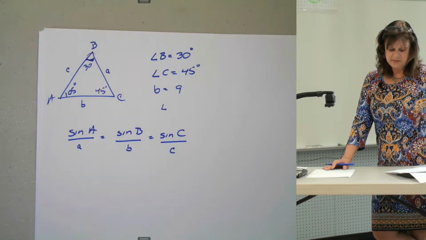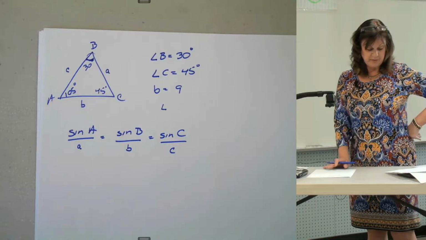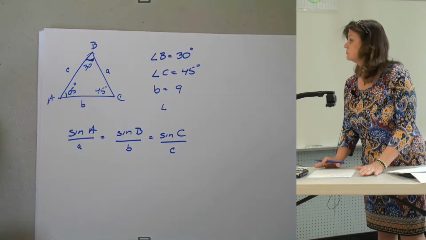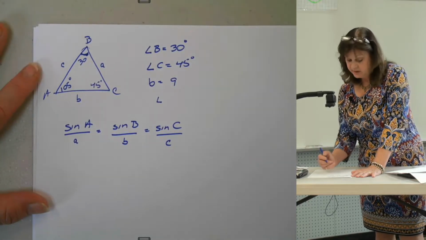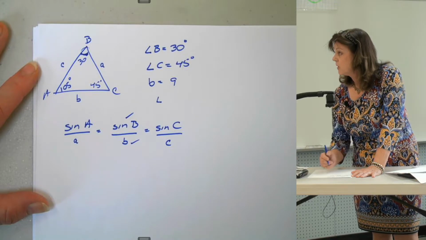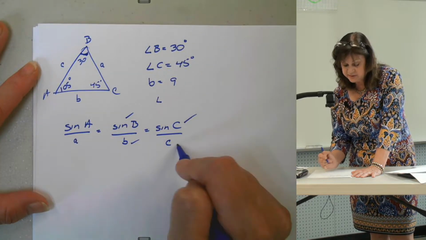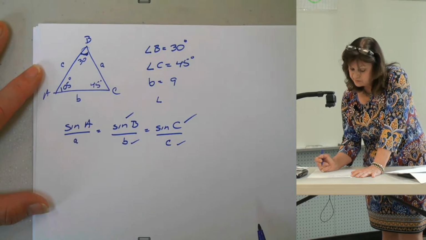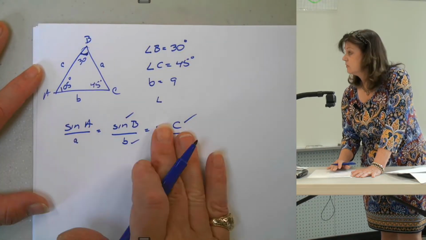So think about that for just a second. Where do we want to start this pattern? Well, I've got angle B and side B. I was given angle C, so let's go find side length C to begin with. They don't all three have to be in the equation at the same time.